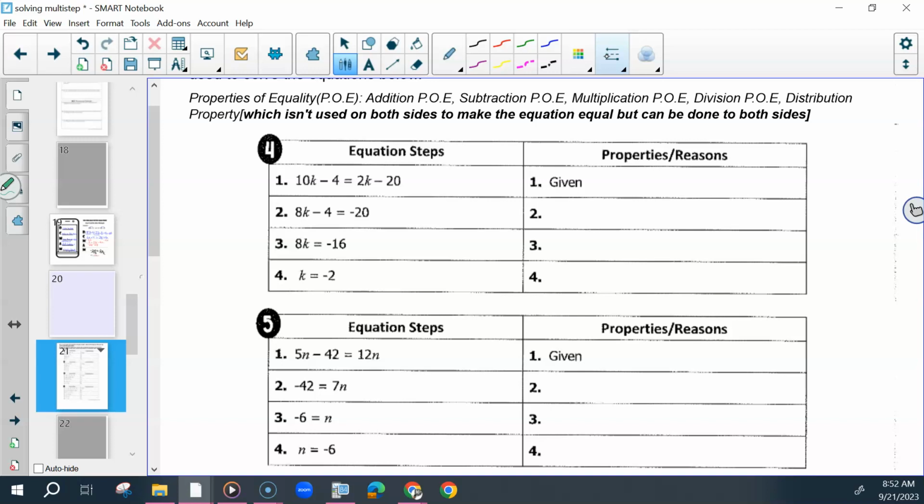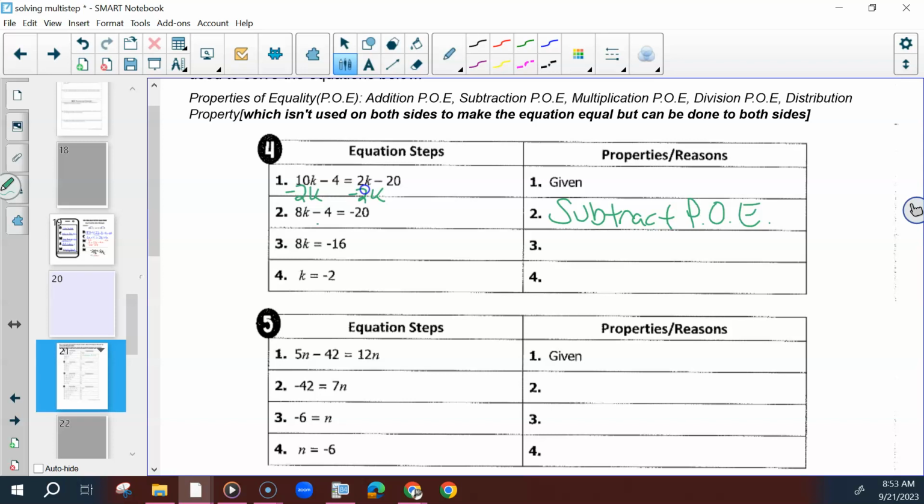Go ahead, Kylie. Minus 2x. Okay, so they got rid of this by subtracting it from the other side, so it's the subtraction property of equality. And then from step 2 to step 3, they subtracted to get negative 16.